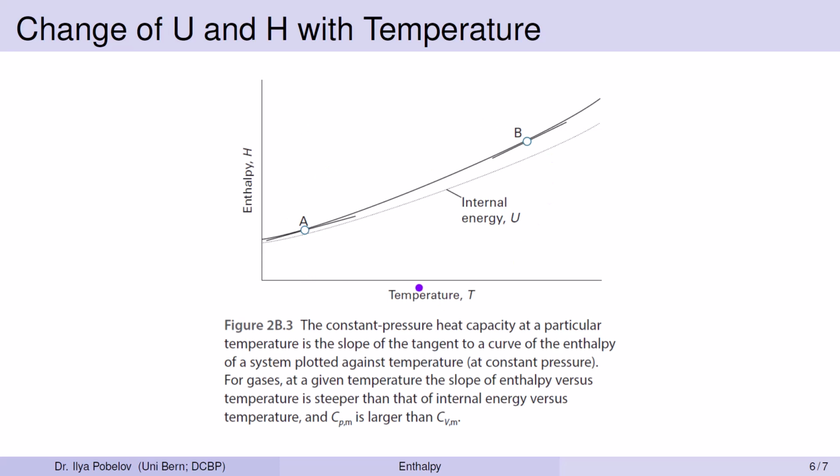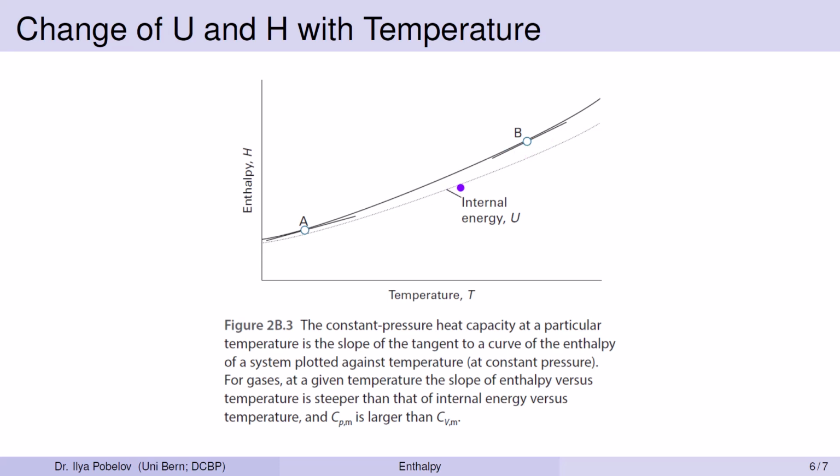On this graph, you see how both enthalpy and internal energy change for gases as temperature increases. It is evident that enthalpy rises slightly faster than internal energy. The slope of the tangent at any specific point on the enthalpy curve represents the heat capacity at constant pressure Cp.